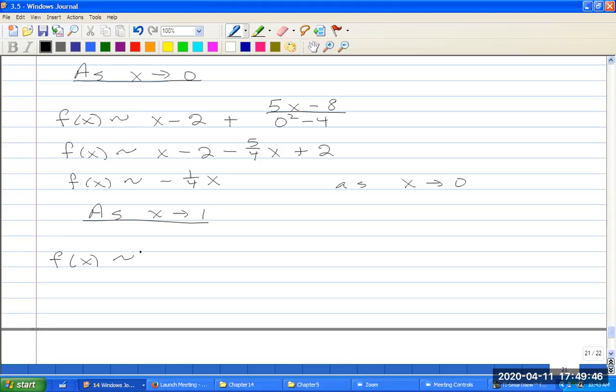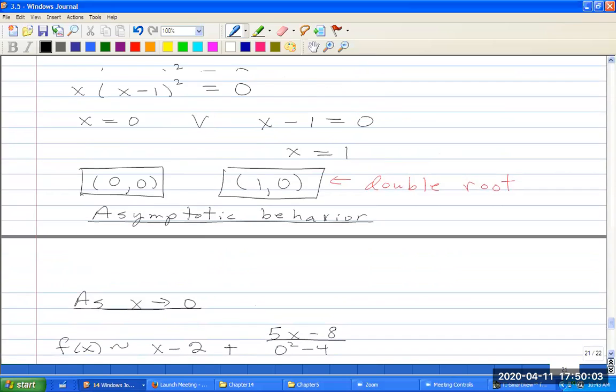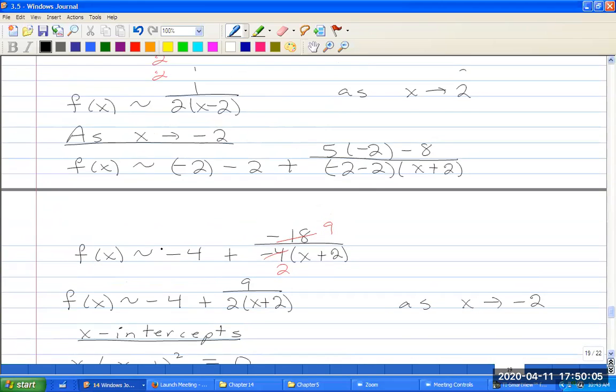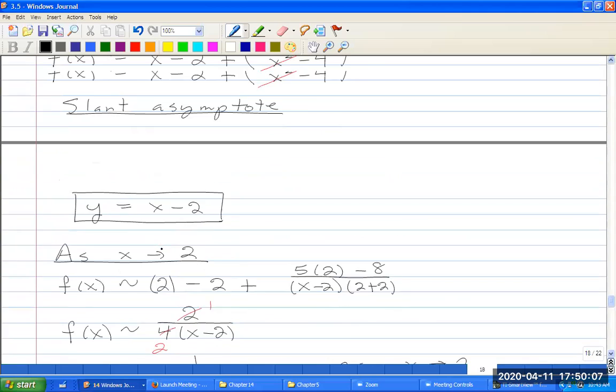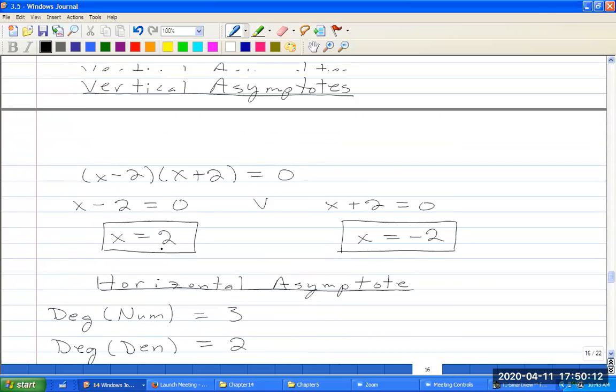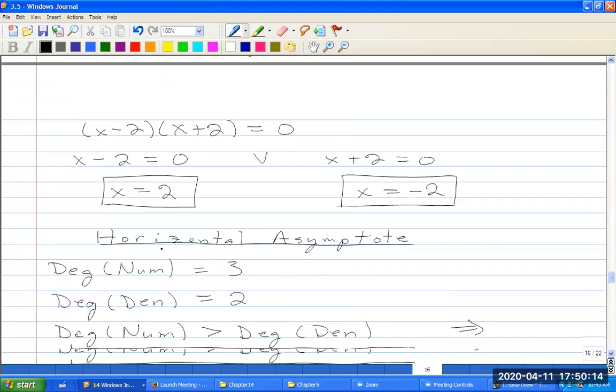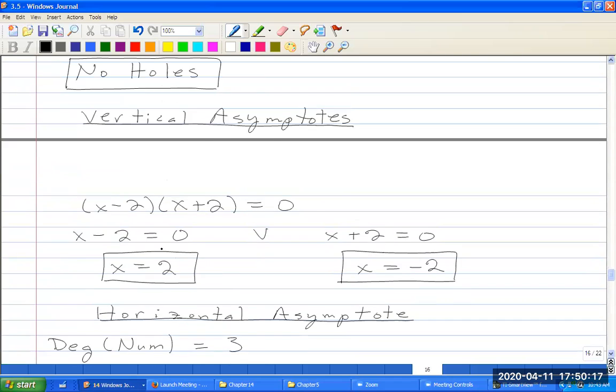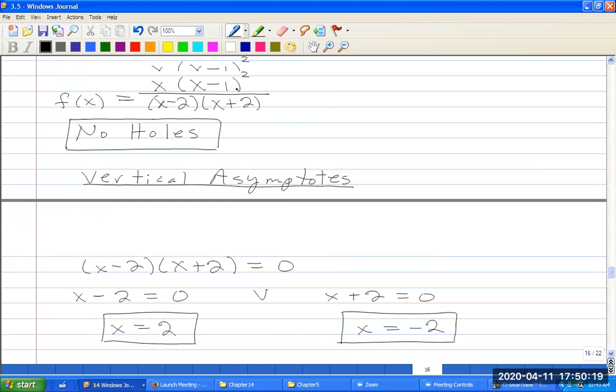is very close to, well, for x near 1, this is going to be, oh, actually, maybe I should. Let's just use the original form for my function, the x times x minus 1 squared.